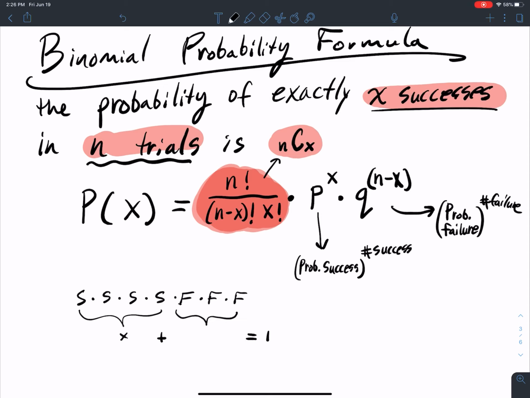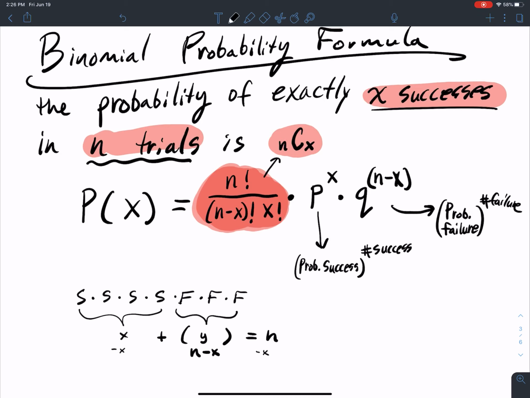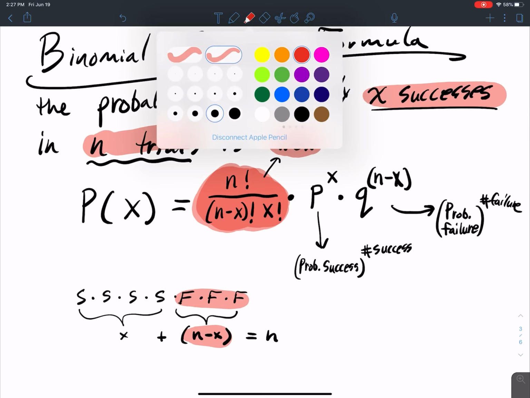Well, what is this piece right here? Let's call it Y. To solve for Y, subtract X from both sides, so this is equal to N minus X. So this Y here is technically N minus X, and that's how many total failures there are.